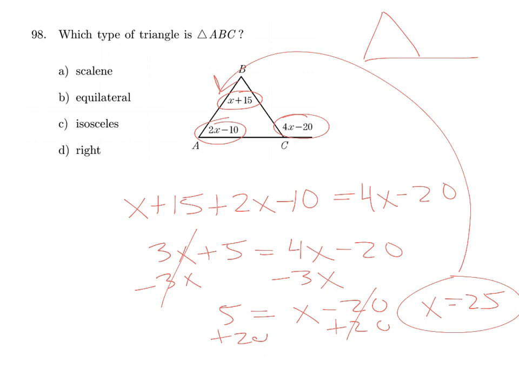I get 40 degrees, then 40 degrees, and here I get 80 degrees. So this is 100 degrees right here. What type of triangle is it? Two angles have the same measure, so these sides are the same. It must be isosceles.